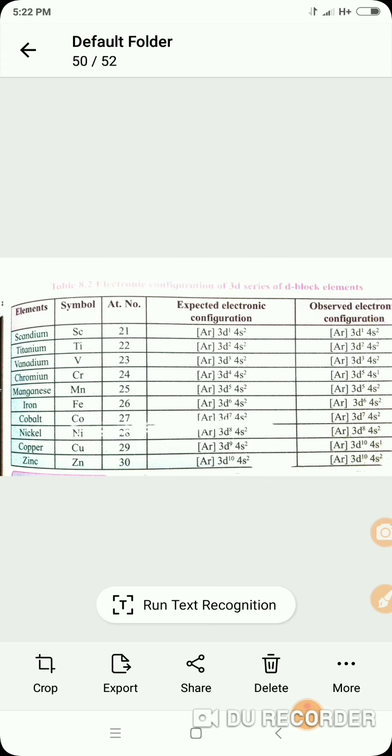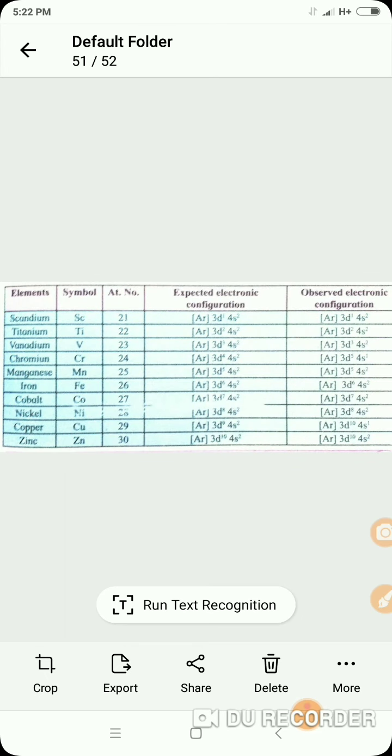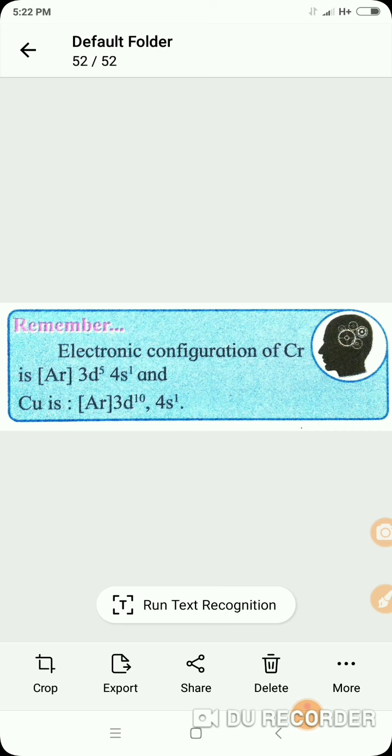This is the table showing electronic configurations of all the 3d series elements. Again, a point to remember from the textbook: the electronic configuration of chromium is [Ar], where Ar represents the electronic configuration of argon having atomic number 18, 3d5 4s1, and the electronic configuration of copper is 3d10 4s1. This is the observed electronic configuration.